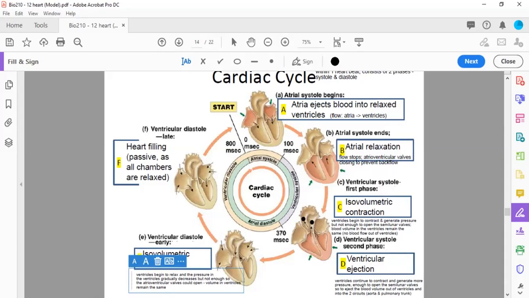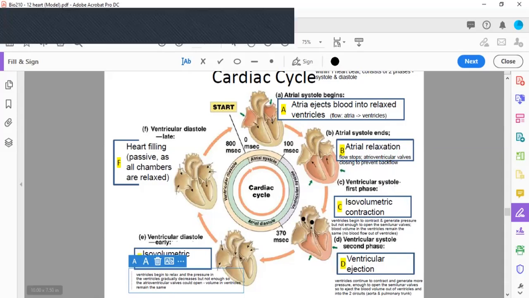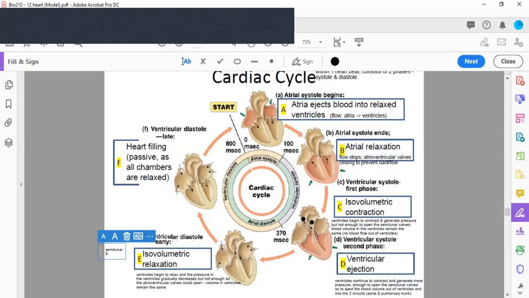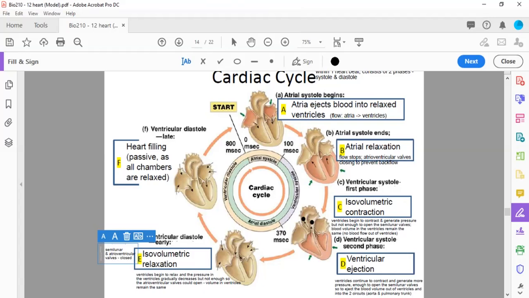So during the isovolumetric relaxation, the semilunar valves and the atrioventricular valves are closed. And for that reason, the volume remains the same.